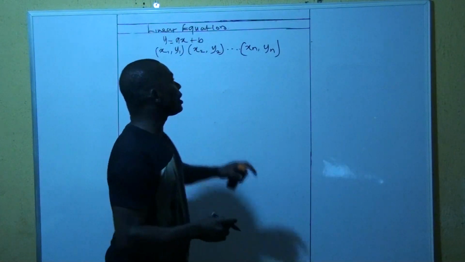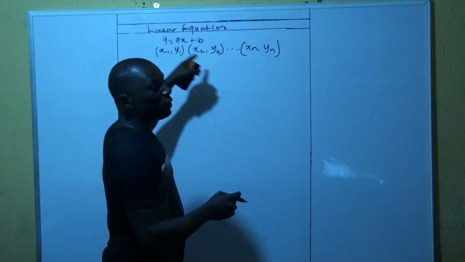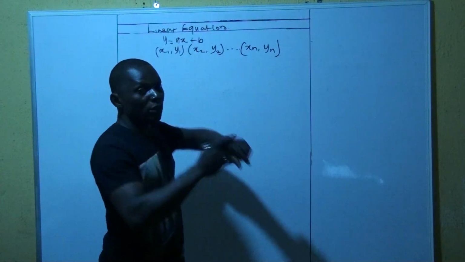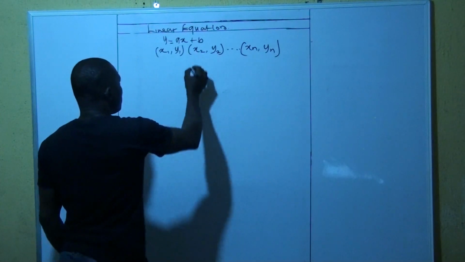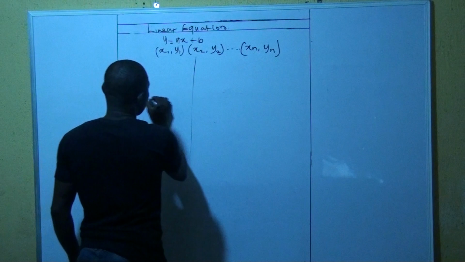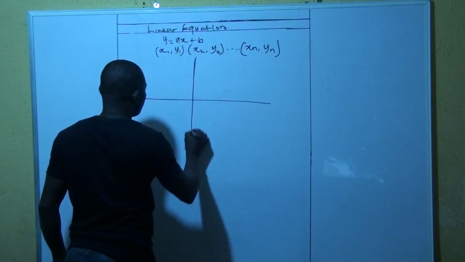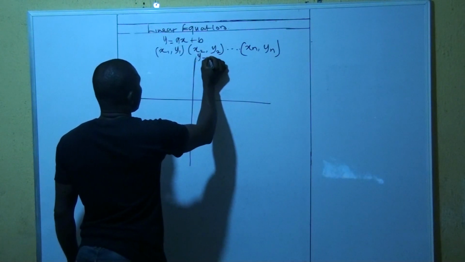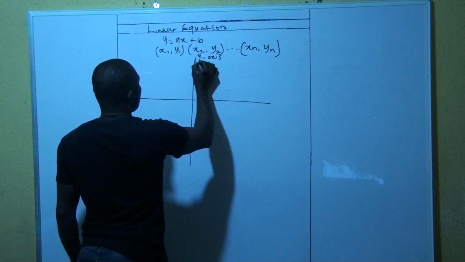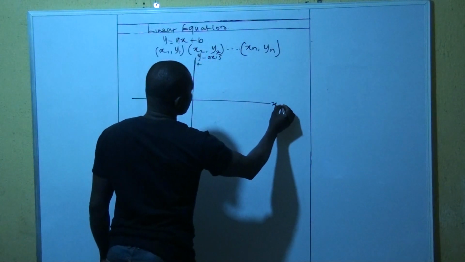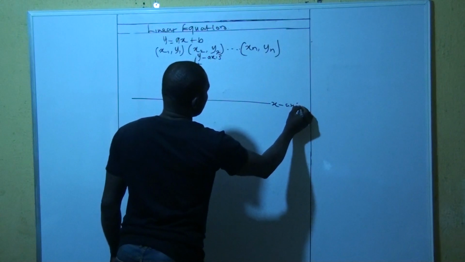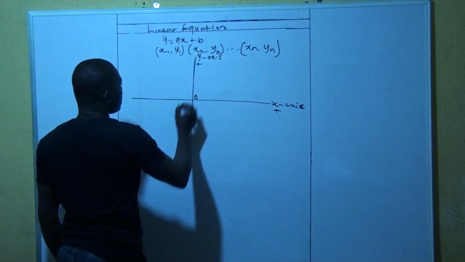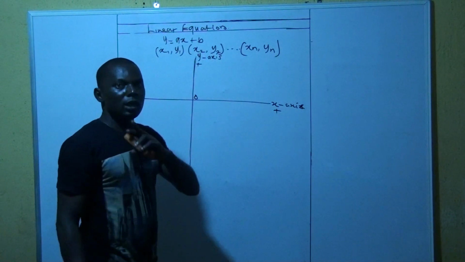Our Cartesian plane is of this nature: this is your y axis, and here is positive. You have your x axis, and this is positive as well. Then this is the 0, the origin of our Cartesian plane.